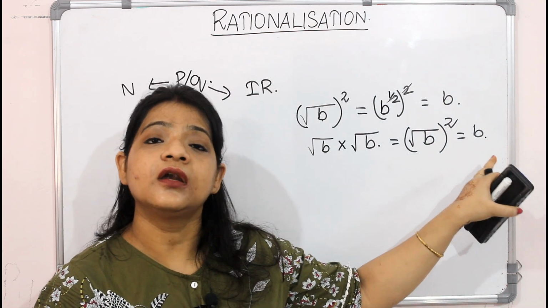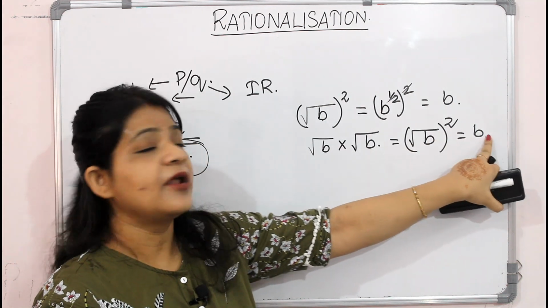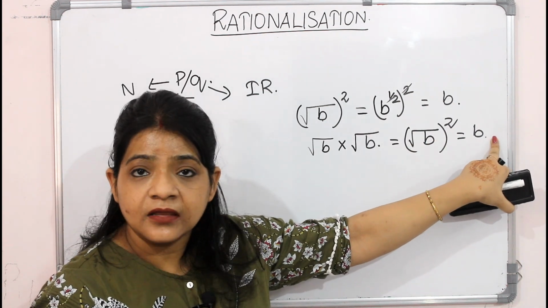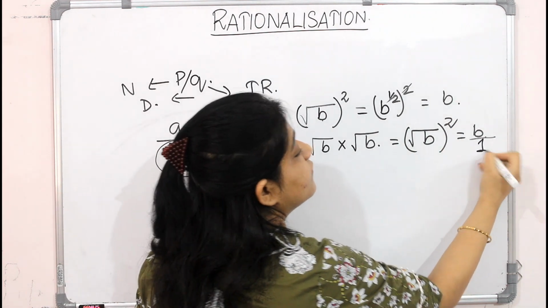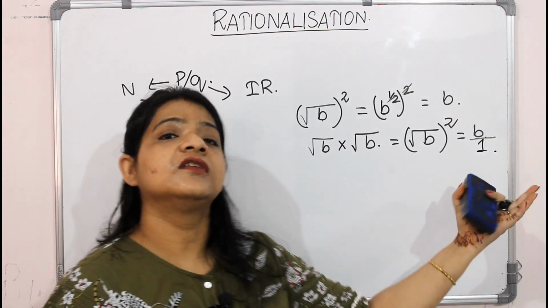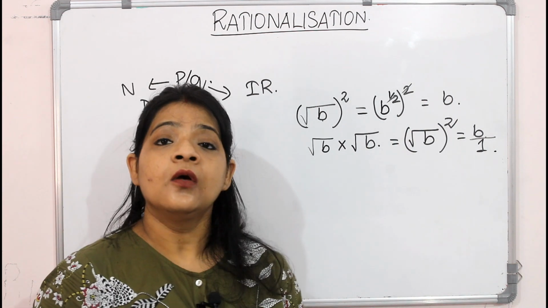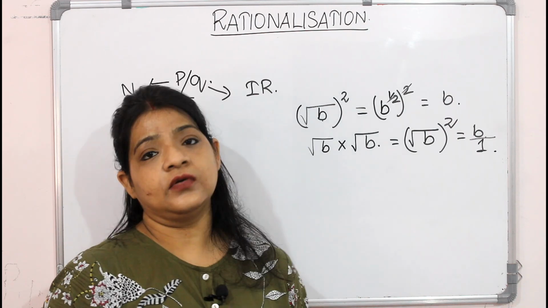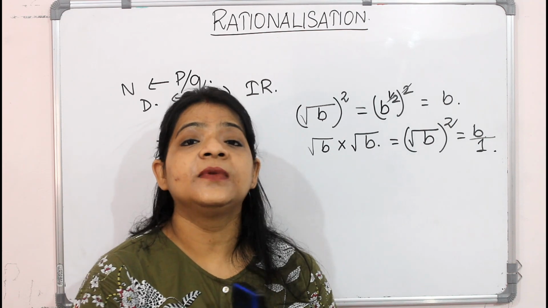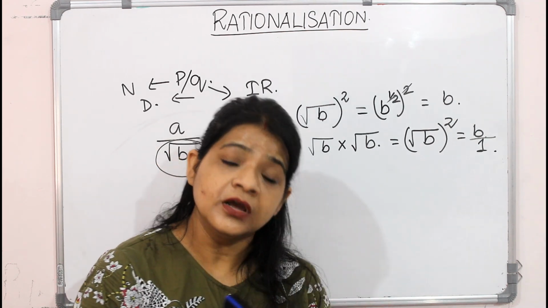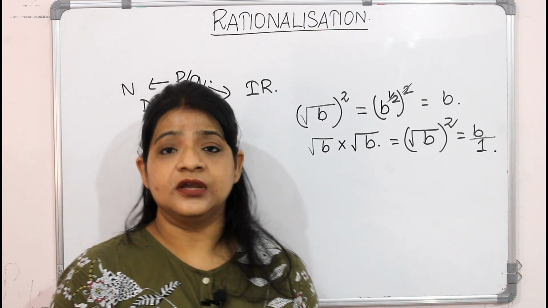Why can it be called a rational number? Can you give the justification? Because it is expressed in the form of p by q and q is not equal to 0. That is, you can write this as b by 1. So this is a rational number. This concept we are going to use in rationalization. Your target will be to remove the root and convert this into a rational number.